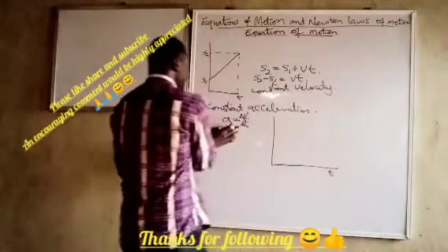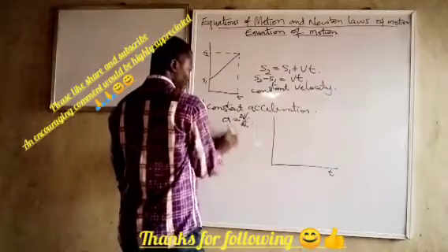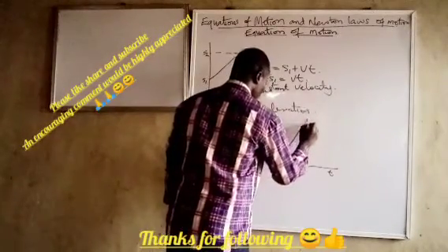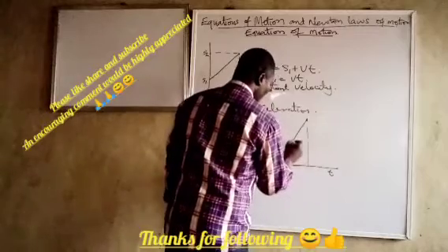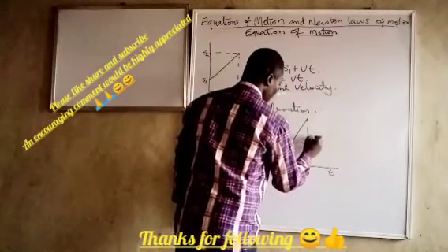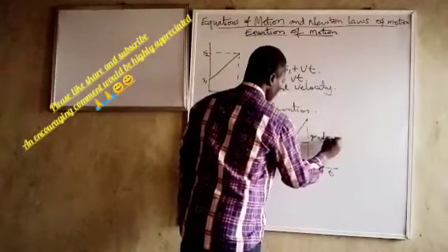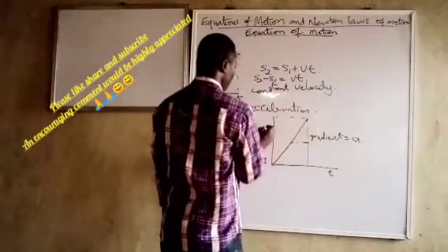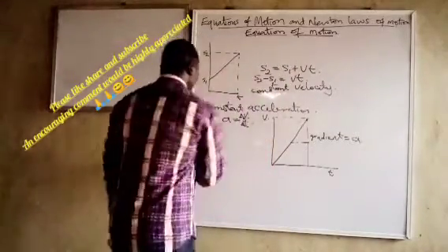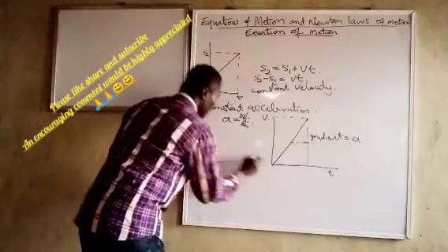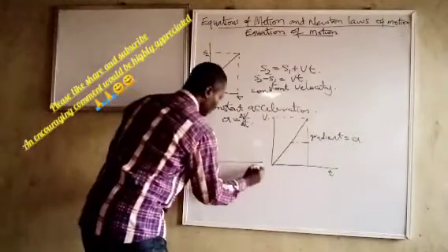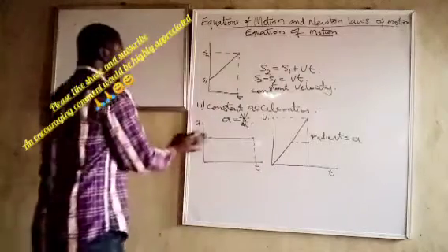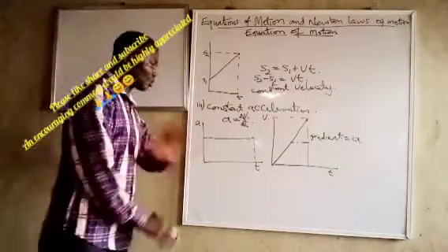So since it is constant acceleration, we have a straight line with slope, and the slope will be A. So this one will be V. And this is our A with time. A with time goes straight, it doesn't change.